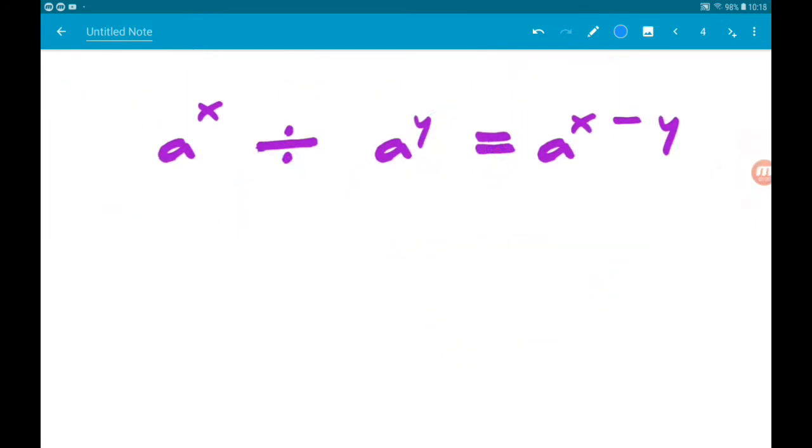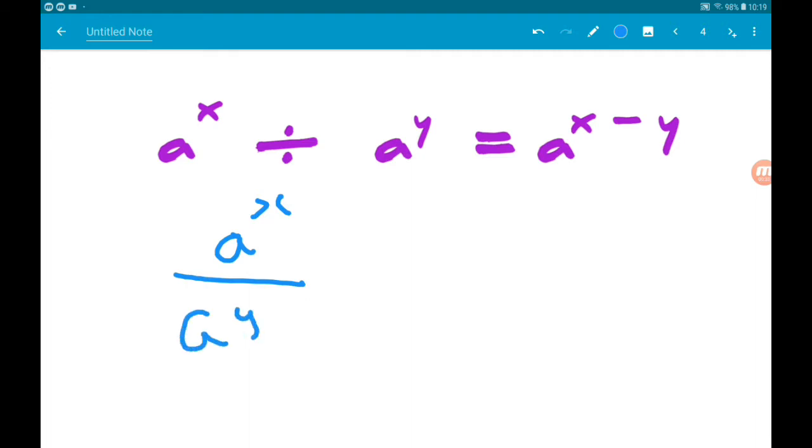Next up, the division rule. a to the power x divided by a to the power y is a to the power x minus y. Something to look out for here is that divisions are fractions, so sometimes this might be presented as a fraction. You might be given something of the form a to the x over a to the y.